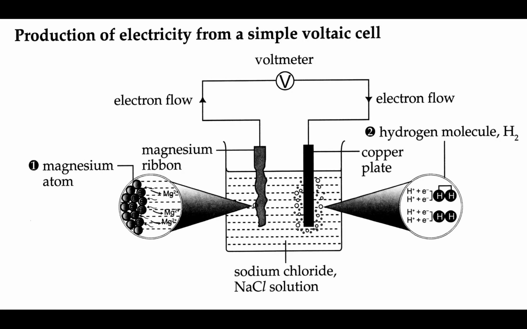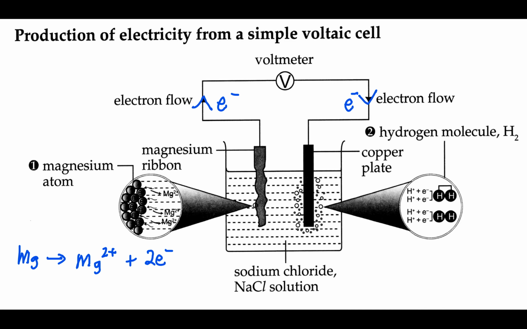In this second example, we look at another simple voltaic cell made up of two different metals. Since magnesium is more reactive than copper, magnesium will give the electrons to the copper, and in doing so, the magnesium atoms will dissolve into solution to become magnesium ions, providing two electrons.